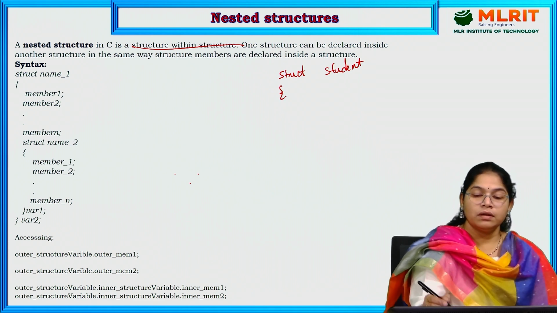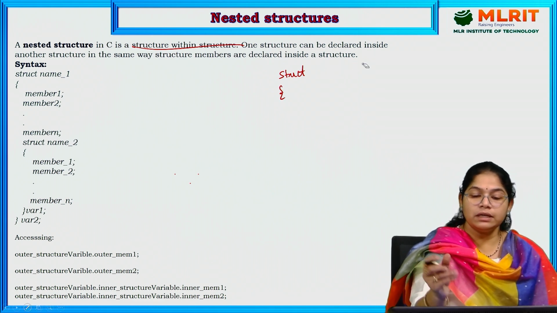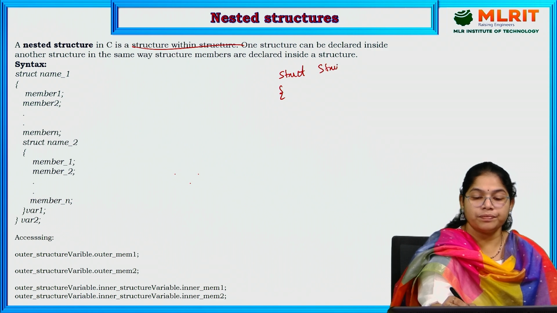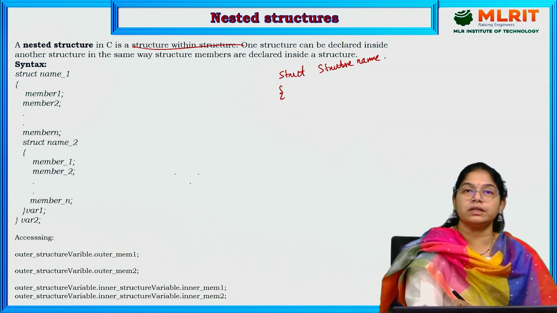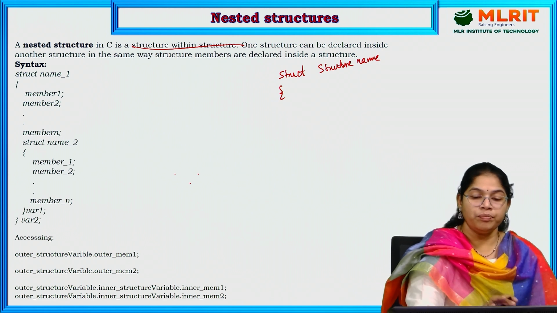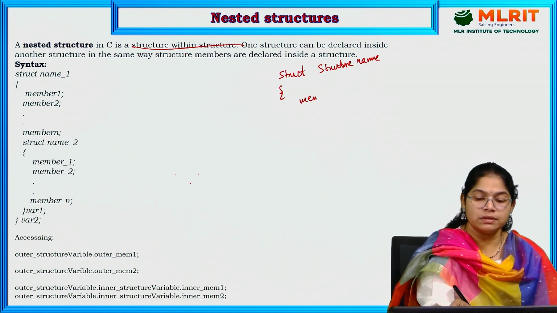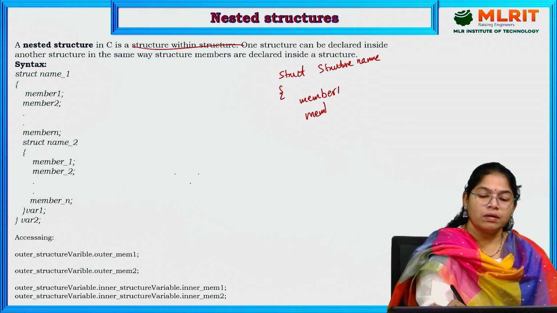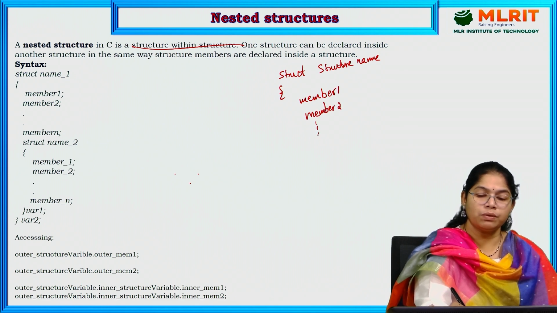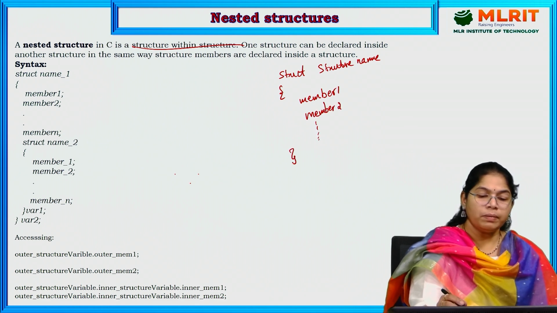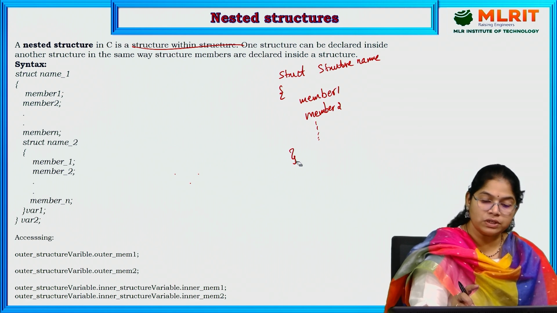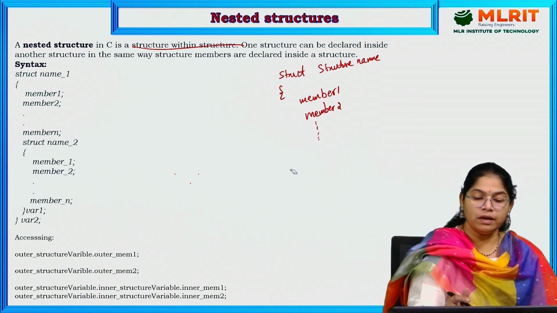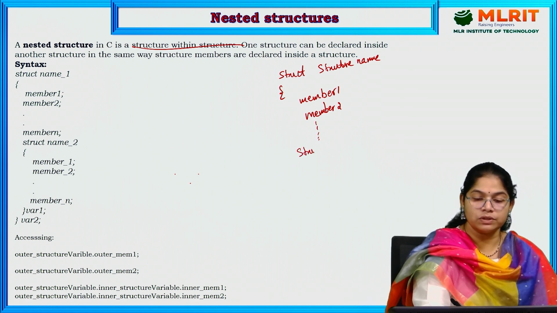First we'll write the syntax of the structure: struct, structure name. Then we'll write members: member 1, member 2, and so on. But I want to write a structure within a structure. So here I am creating one more structure.